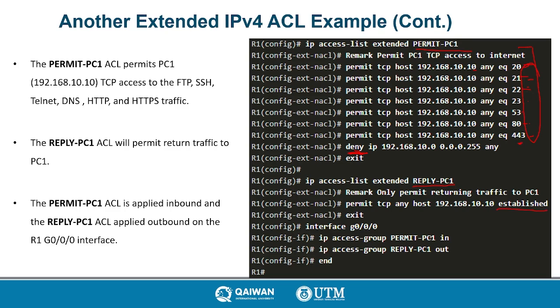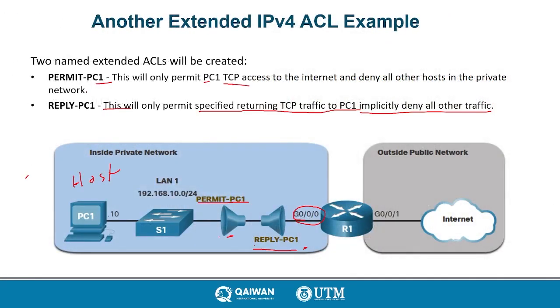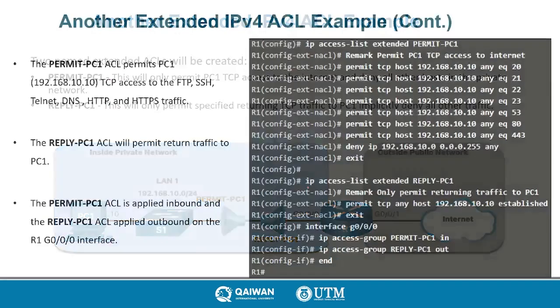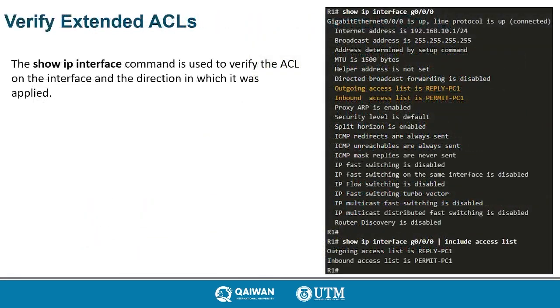And it will be applied as we said: the permit PC1 would be in, the reply would be out. And let's take a hint: the permit would be in because it is near to the LAN, and the reply would be near to what? To the router. So that's how we know what is in and what is out.